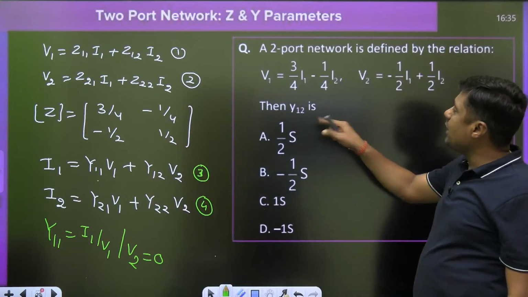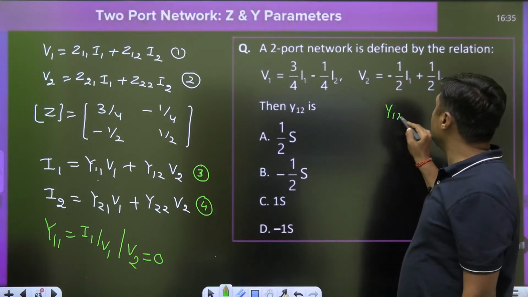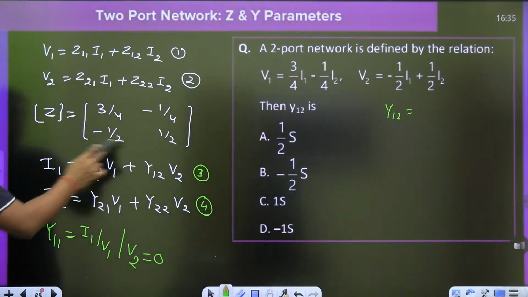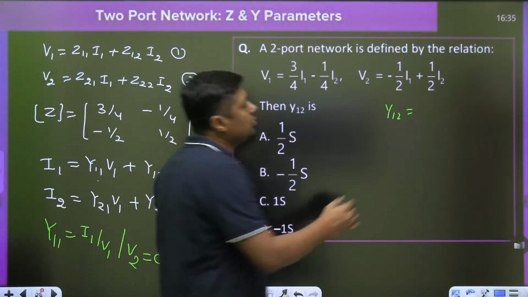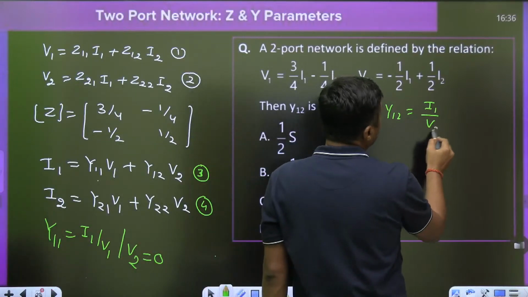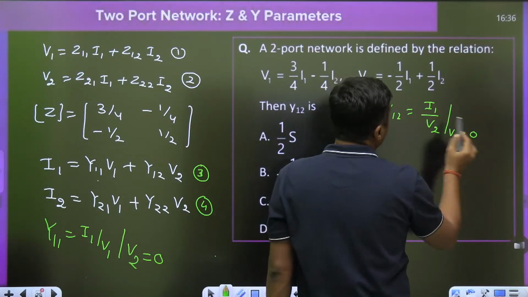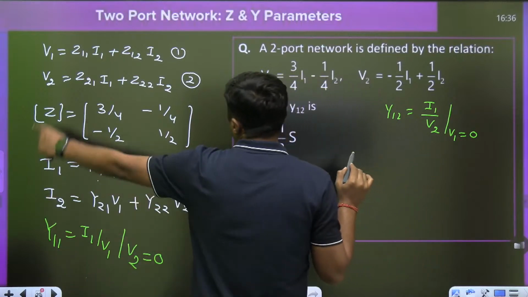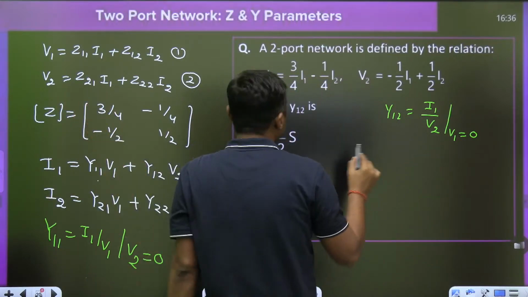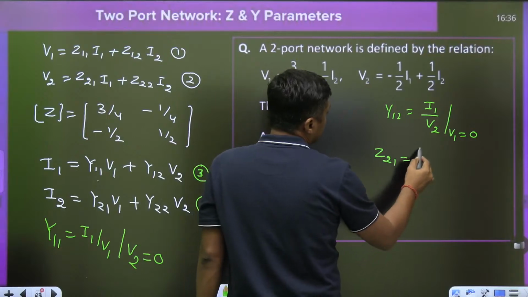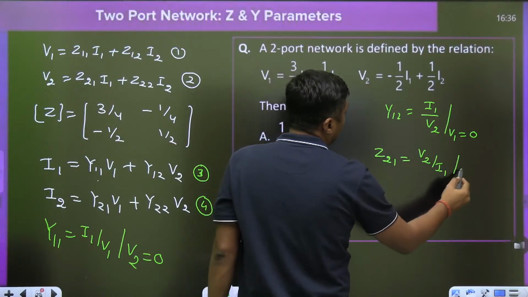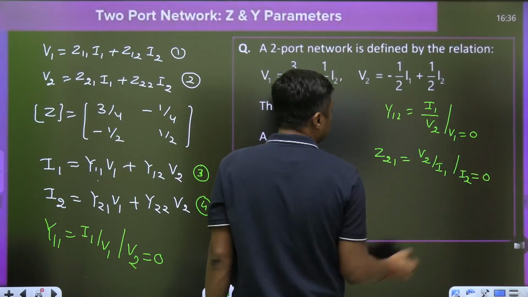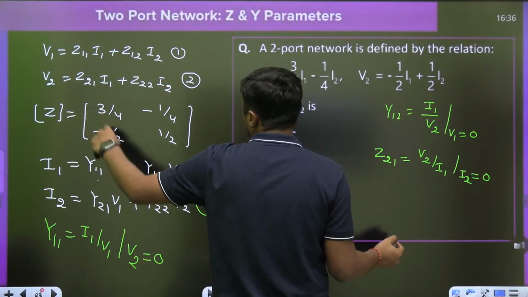And what is our y12? Can we say y12 is I1 upon V2 with V1 is equal to 0? So V2 upon I1 is nothing but z21, with I2 equal to 0. z21 is minus 1 by 2.